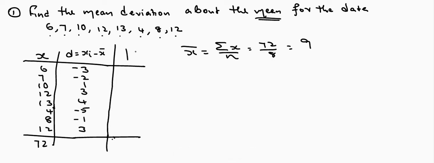Then we find the modulus, that is the absolute values of the deviations: 3, 2, 1, 3, 4, 5, 1 and 3.